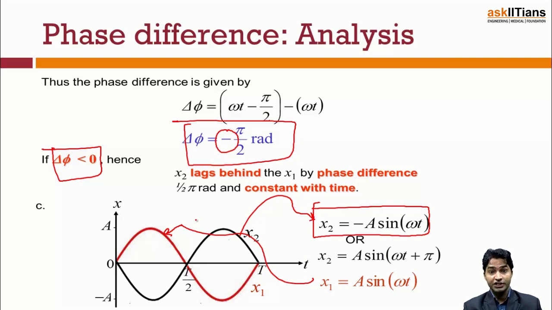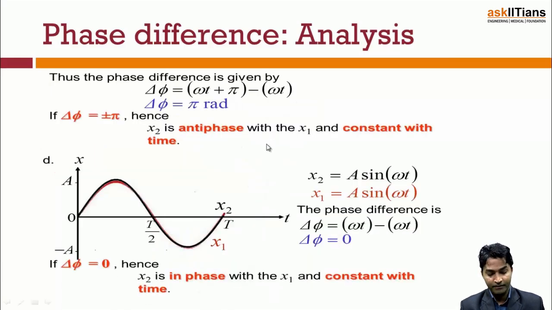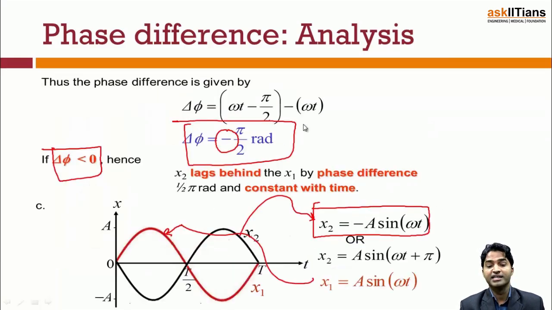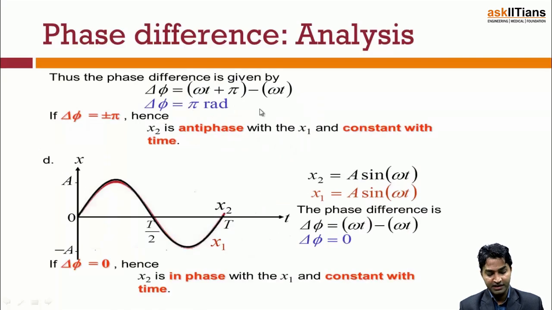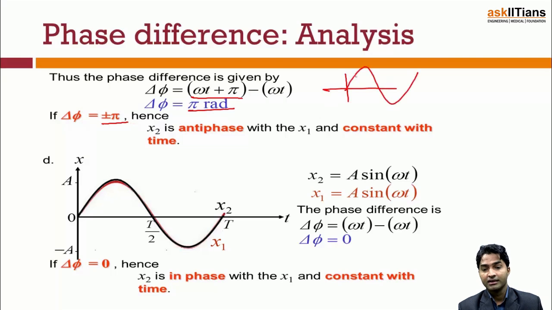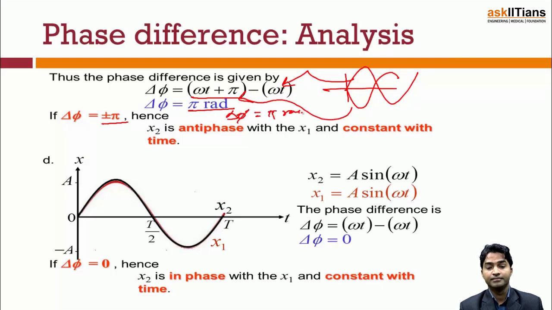If we are interested to calculate their phase difference, we have to do phi 2 minus phi 1, that is omega t plus pi minus omega t, which is equal to pi radian. So we are getting del phi equal to pi radian.